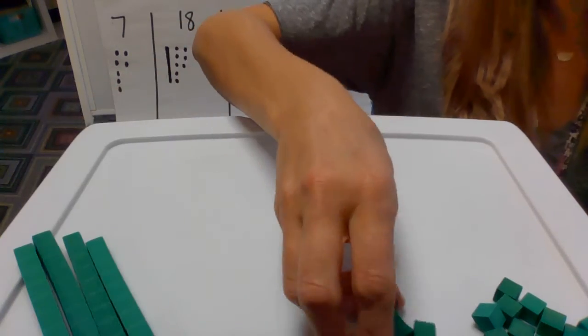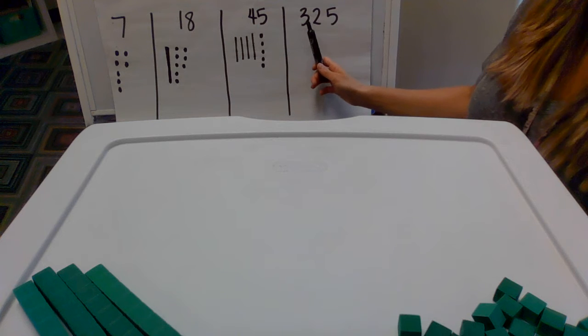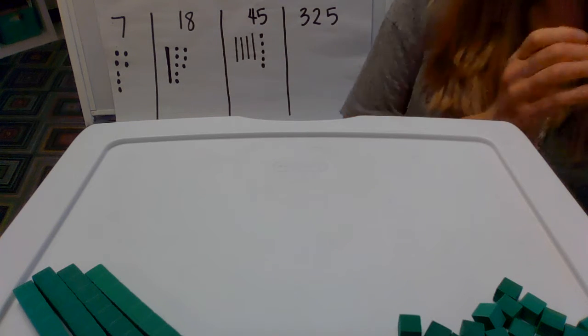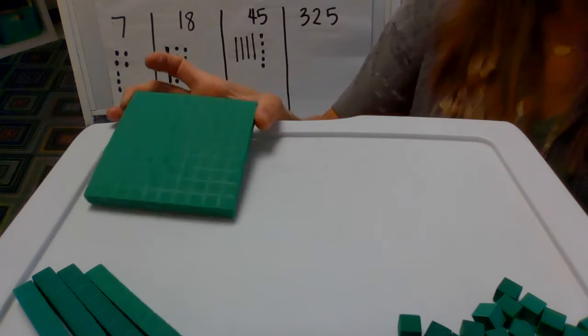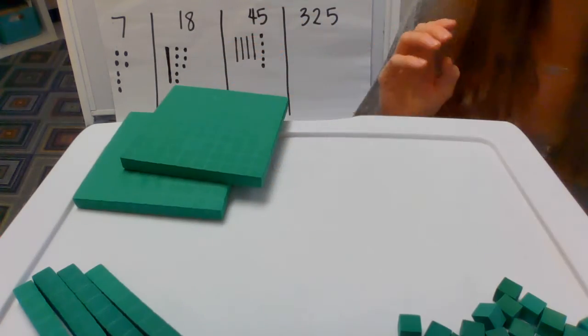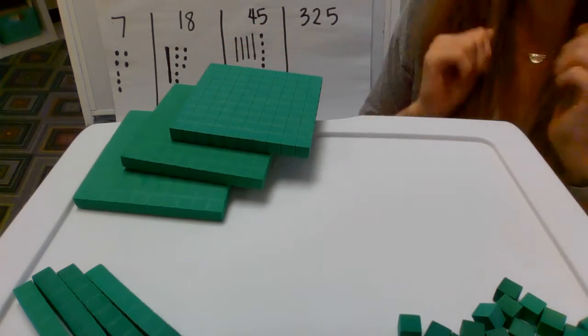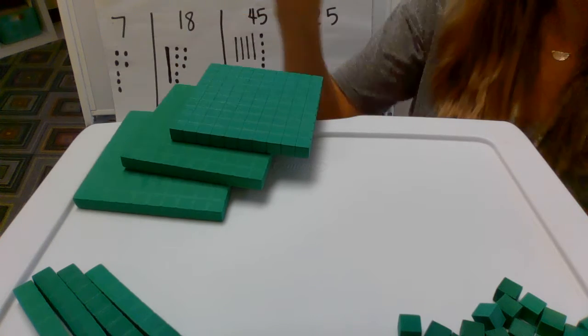All right, and last but not least, we are going to go into the hundreds place with the number 325. So we need to get some of those hundreds flats out. We need 3 of them. We have 1, 2, 3. I would count them 100, 200, 300.